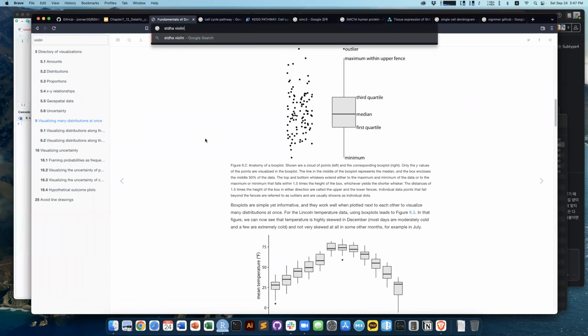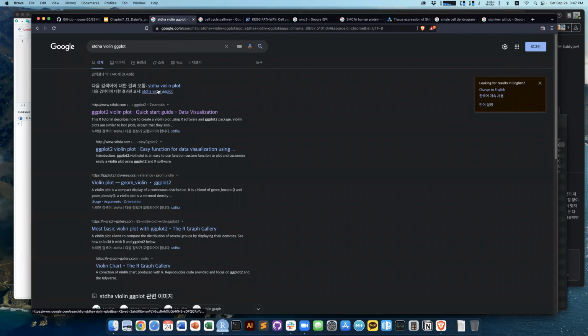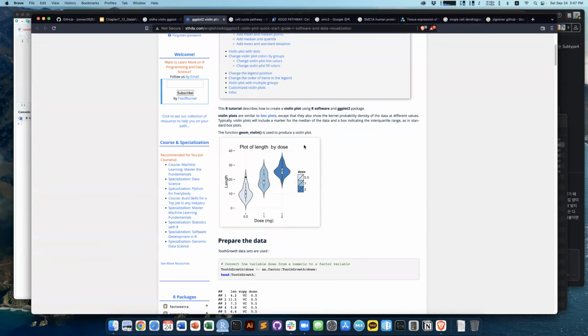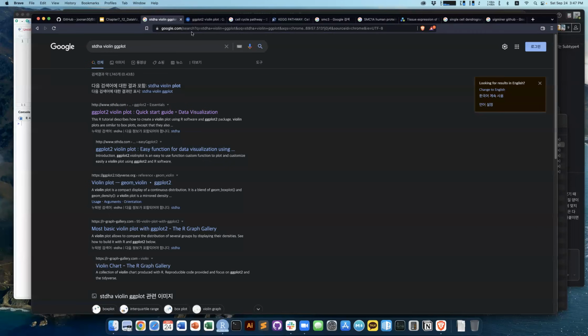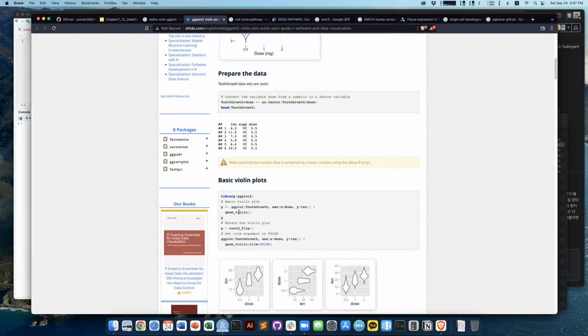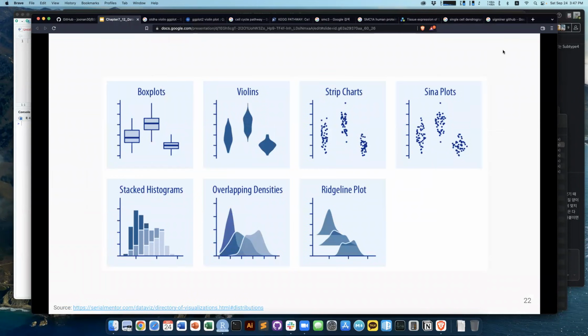STHDA is the website I recommend to you, right? Search STHDA violin ggplot. So let's say if you want to draw the violin plot using ggplot2, then you can search that information and go to this site. Then there are some easy commands. You can draw the violin plot in a second, right? We'll cover that soon.